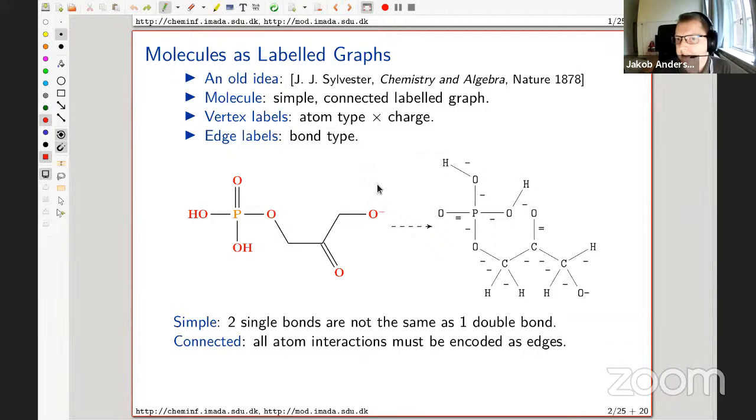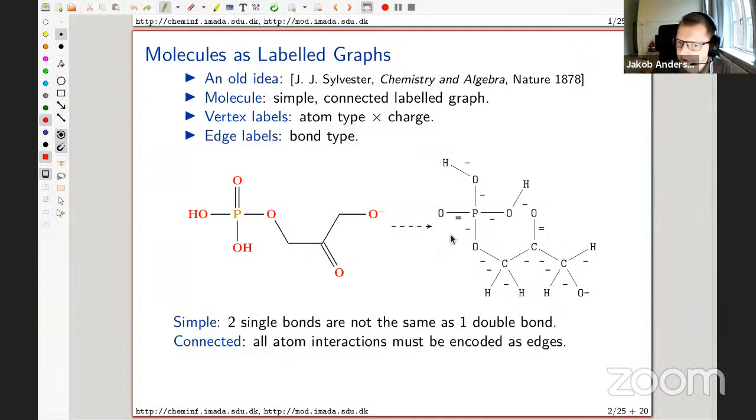We use the vertex labels to encode both the atom type and the charge as one entity, and on the edges we have a bond type. Even though chemists might visualize a molecule like this, in the model it's more like this right-hand side, an underlying data structure like this.